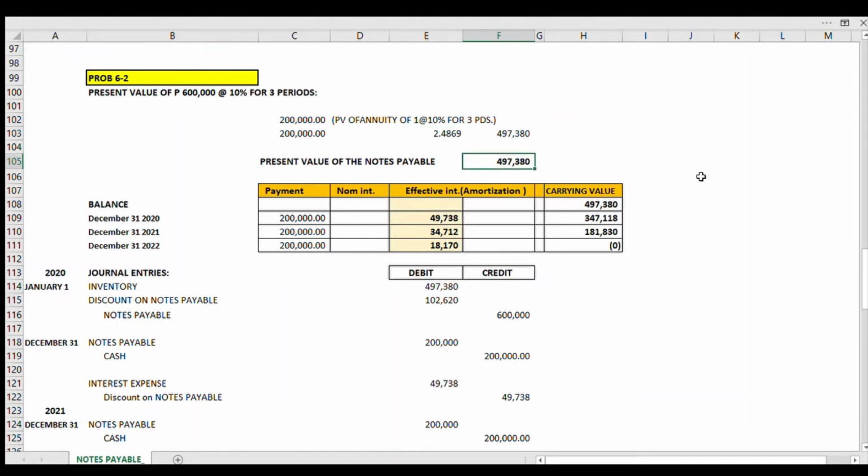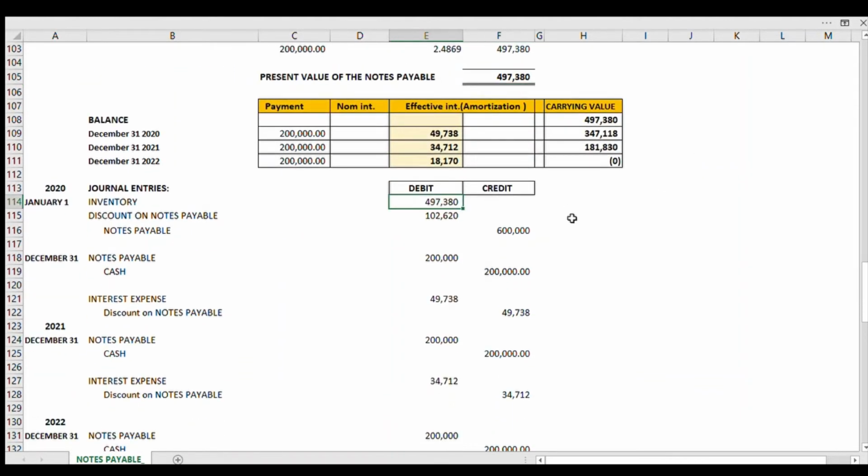It is also the same as the inventory given in the problem, 497,380. The discount on notes payable, debit 102,620. That is the difference between 600,000 and 497,380. That is the 102,620 discount on notes payable.